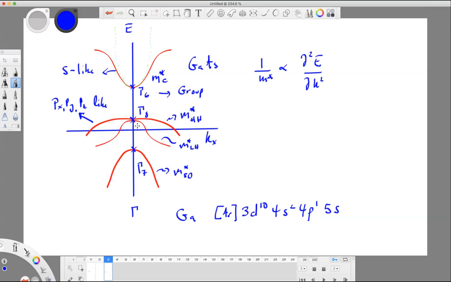So you see we can have two types of masses for the holes that are going to be left after we make these transitions. Either very heavy holes that are going to be difficult to accelerate in an external electric field, because this is going to be a mass larger than the bare mass of the electron, and this one is going to be smaller. Why do we have heavy and light type carriers?